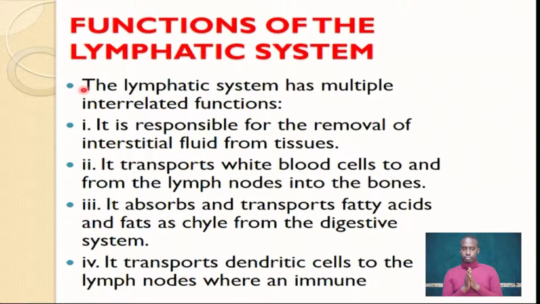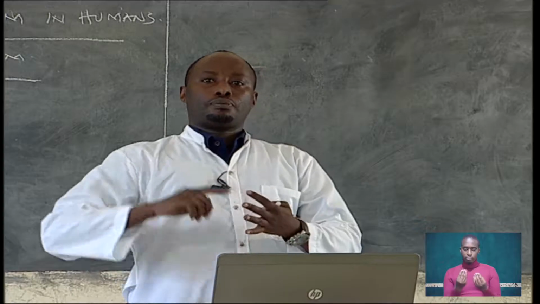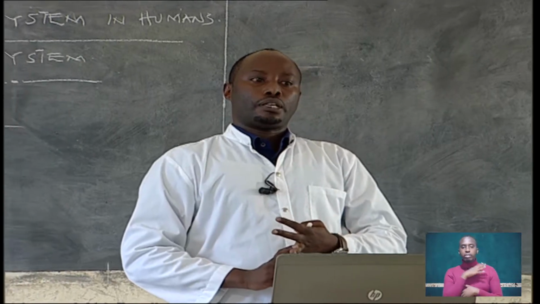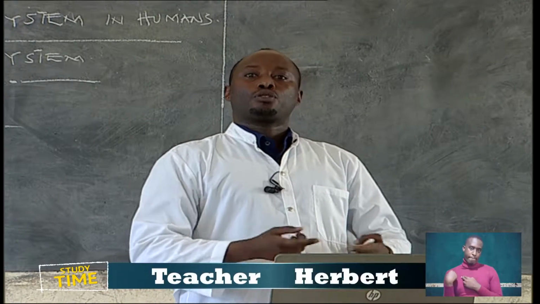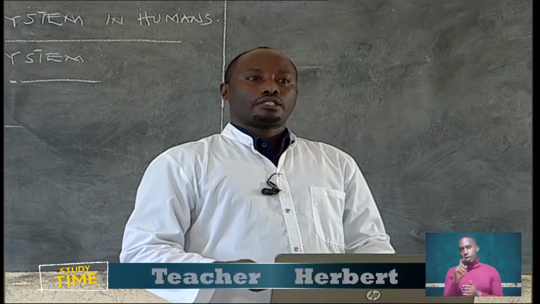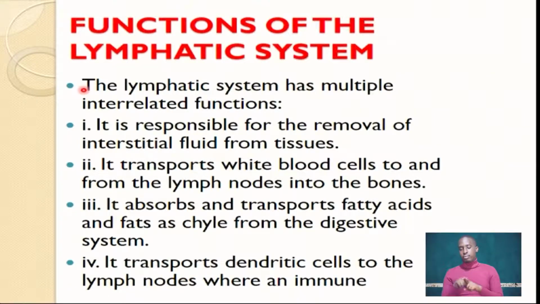Simply put, it acts as a drainage system, removing waste products from the body, and it is responsible for the release of white blood cells, the lymphocytes, which protect the body as part of the immune system. It transports dendritic cells to lymph nodes where an immune response is generated.